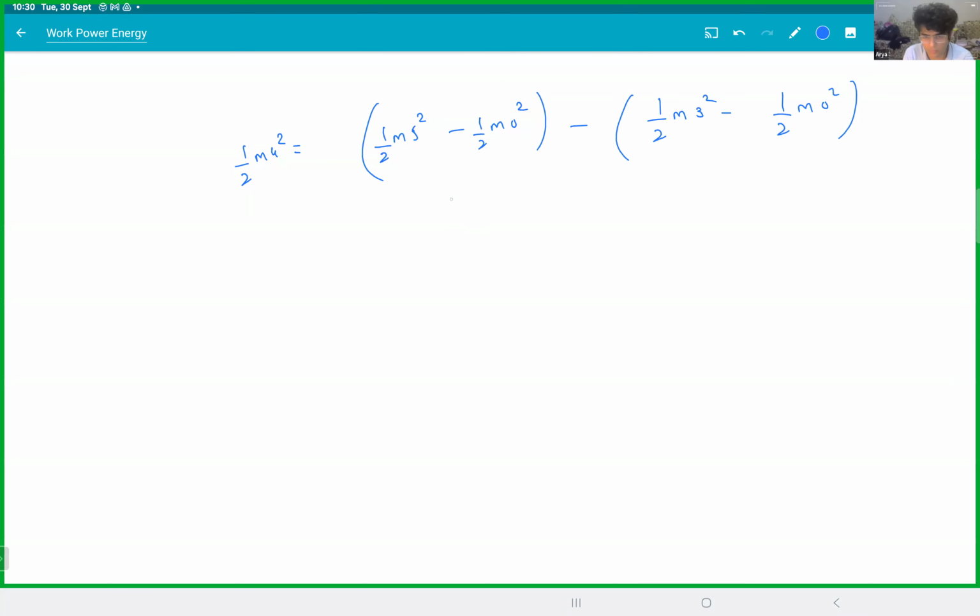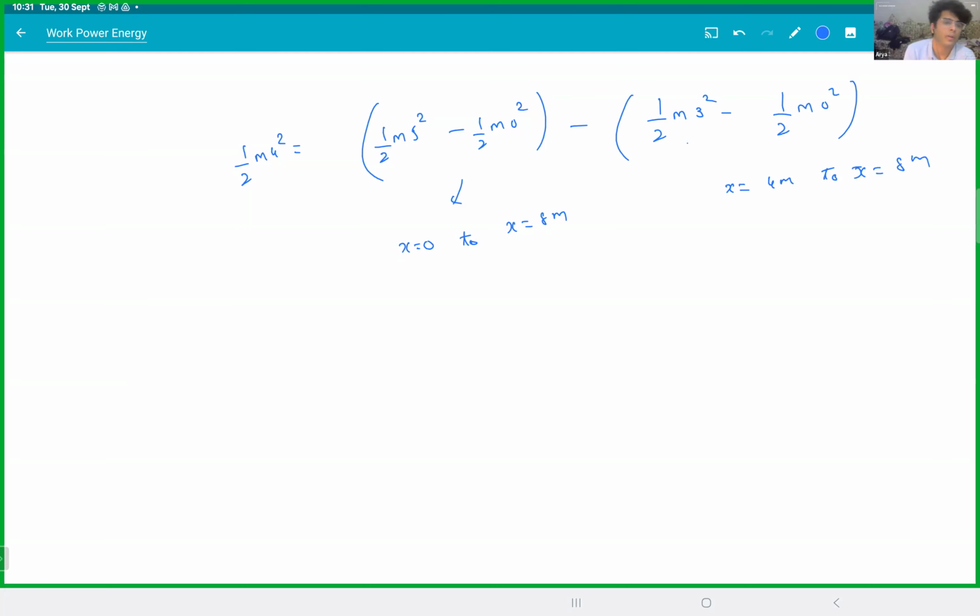Yes. So this is the work done by the friction when you go from 0 to 8 meter. If you throw with 5 meter per second, you would have gone here. If you throw from 3 to 0, this is the work done to go from x equal to 4 meter to x equal to 8 meter.